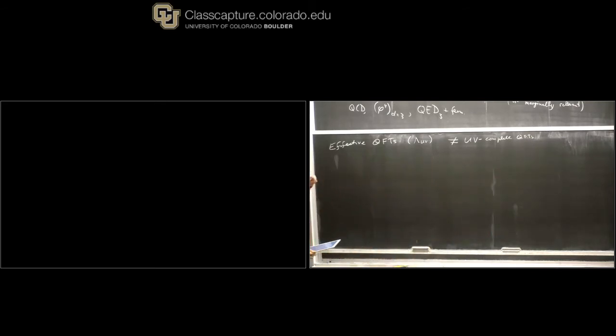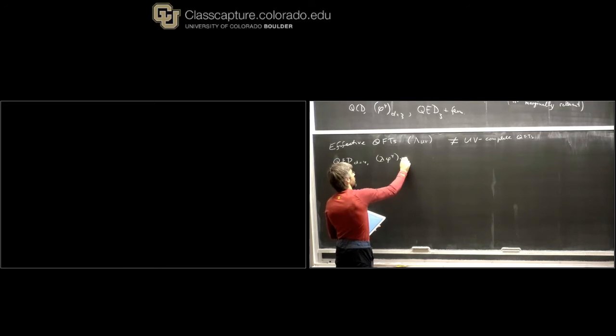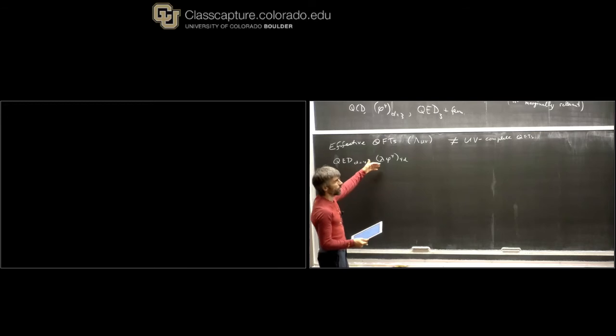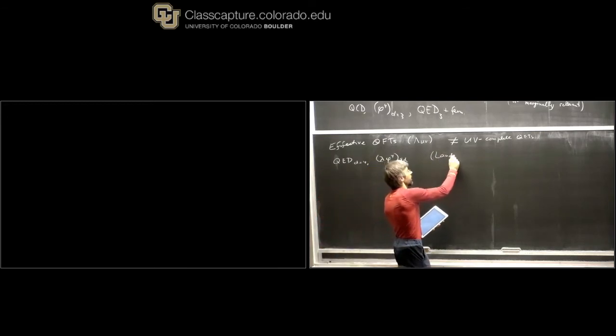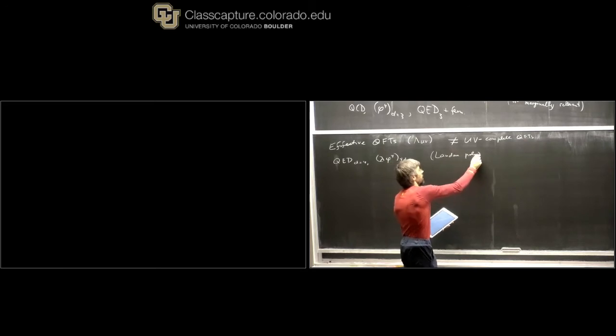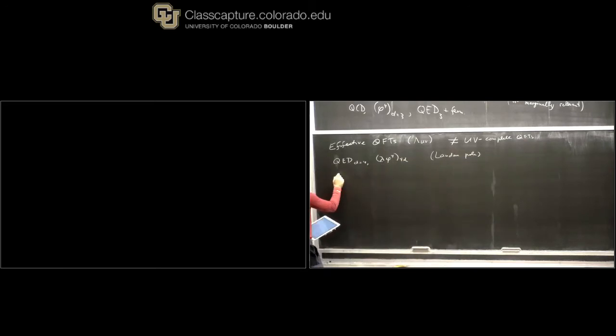They are interesting and physically important, but they are not the ones that we are going to discuss in these lectures. To give an example of effective QFTs, if you take QED in 4 dimensions, or lambda phi to the fourth theory in 4 dimensions, then these theories, as we usually define them, are effective QFTs because of the Landau pole. Another example, which is also very physically important, is the theory of the chiral Lagrangian.